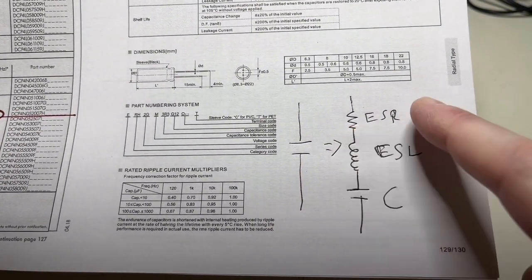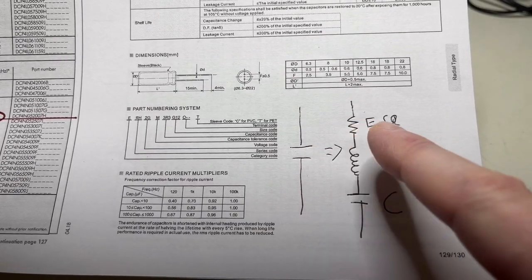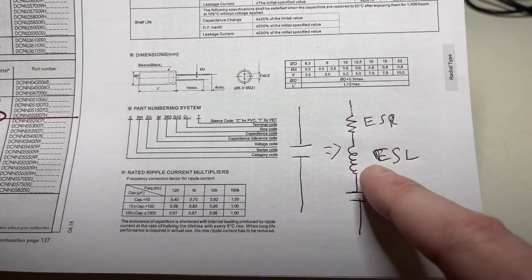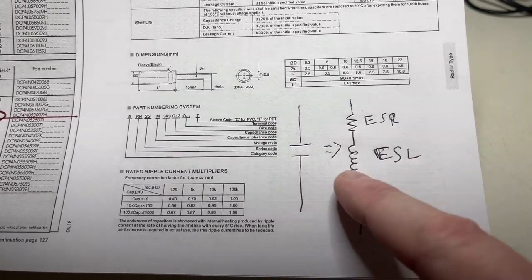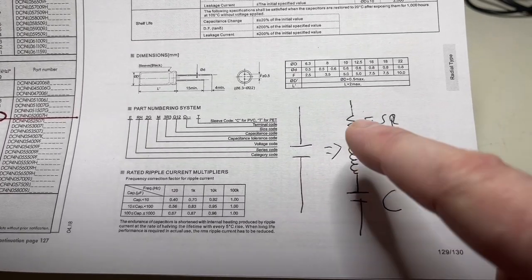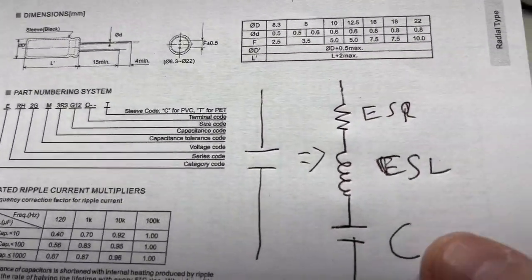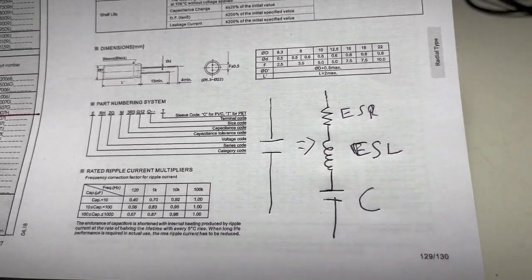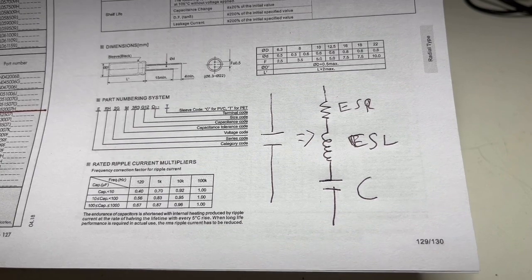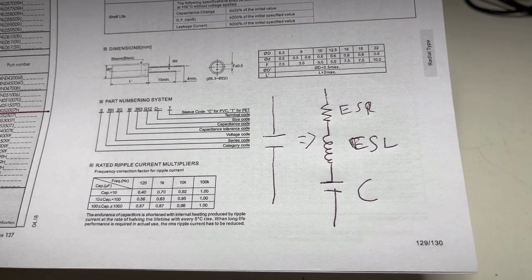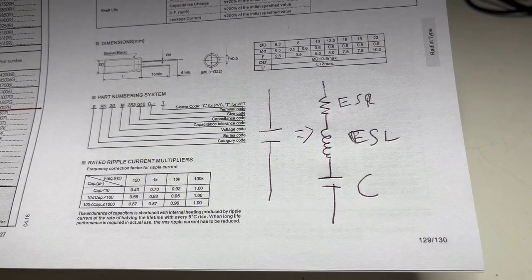The resistor represents the ESR, equivalent series resistance, the inductance the ESL, equivalent series inductance, and then the capacitor itself. Today we are going to measure this thing, nothing else. So, that was the whole theory. Everything else is widely available on the internet. I will put some links in the description if you want to know more about ESR, ESL, and these things.